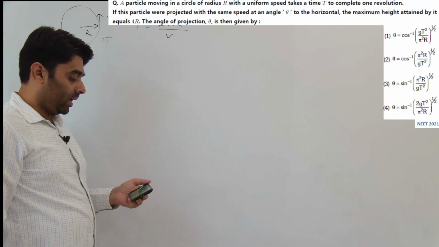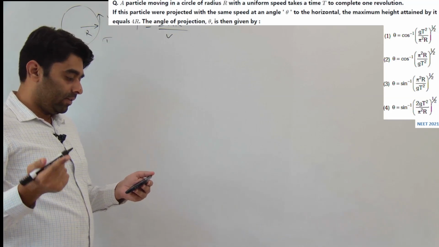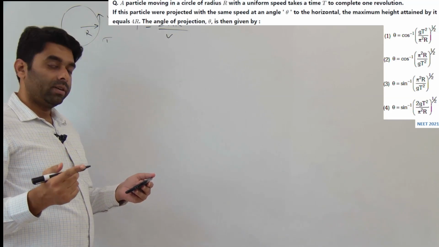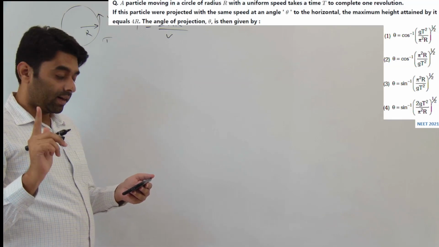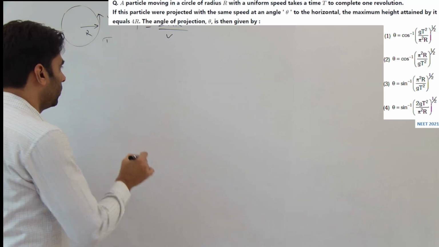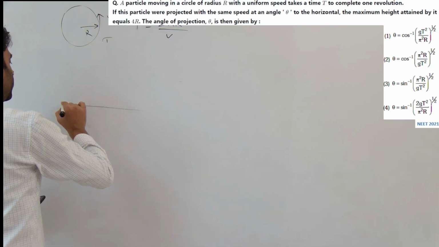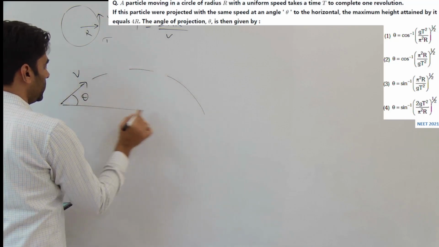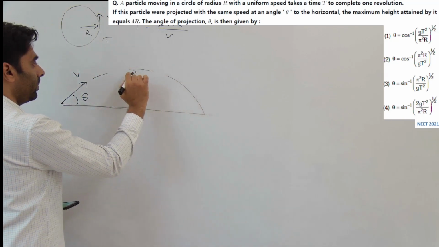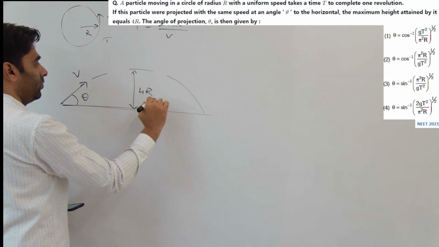Next it says that if this particle were projected with the same speed at an angle theta to the horizontal, the maximum height attained by it equals 4r. So with this speed, if a particle is thrown at an angle theta, obviously it's a projectile, and the maximum height is 4r.